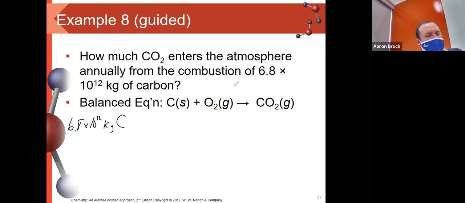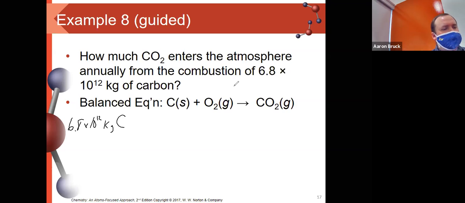Now, when it comes to kilograms, molar masses, I can do one of 2 things. Since we are doing a conversion here, so long as my mole to mole ratio has the same units, I have a lot of degrees of freedom, so to speak.